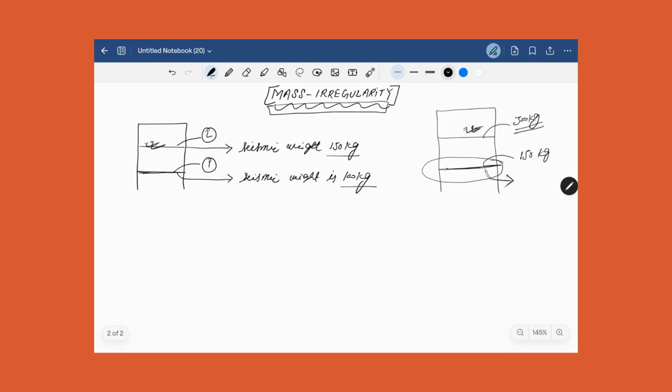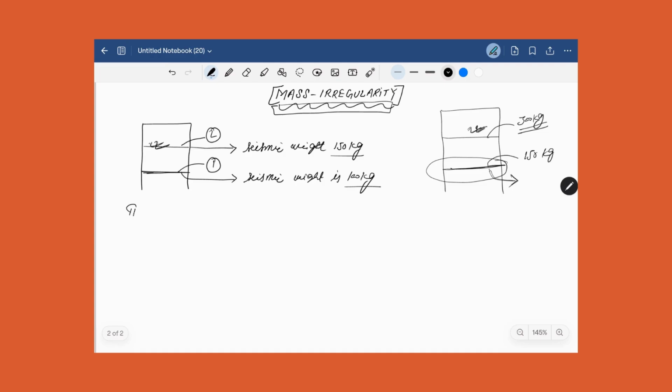Got it? And what does the code say? The code says that if any story has a mass irregularity, it will be considered as a soft story. In this case, if that story is located in seismic zone 3, 4 and 5, you already know that there are generally 4 zones: zone 2, zone 3, zone 4 and zone 5.